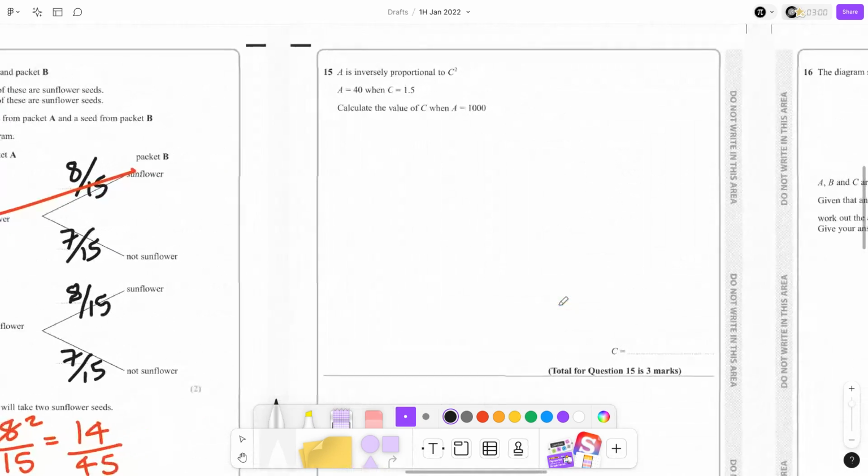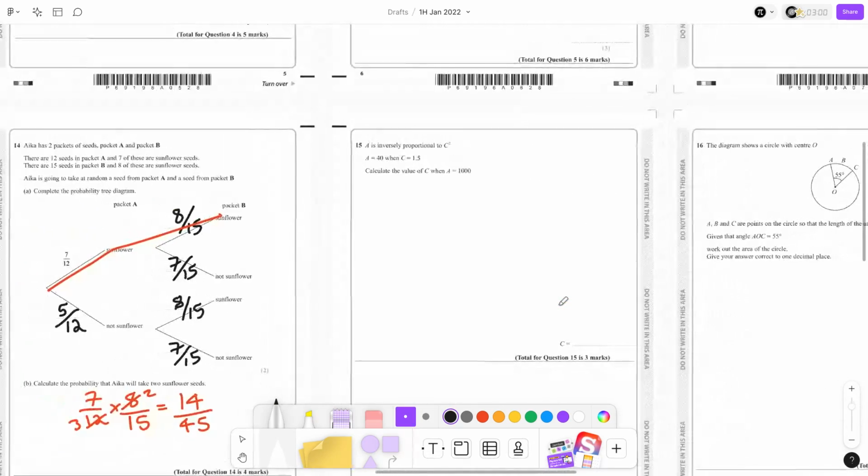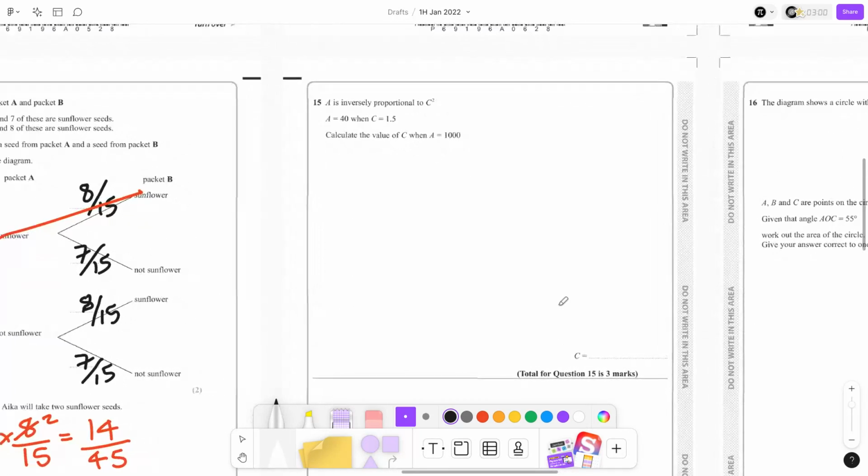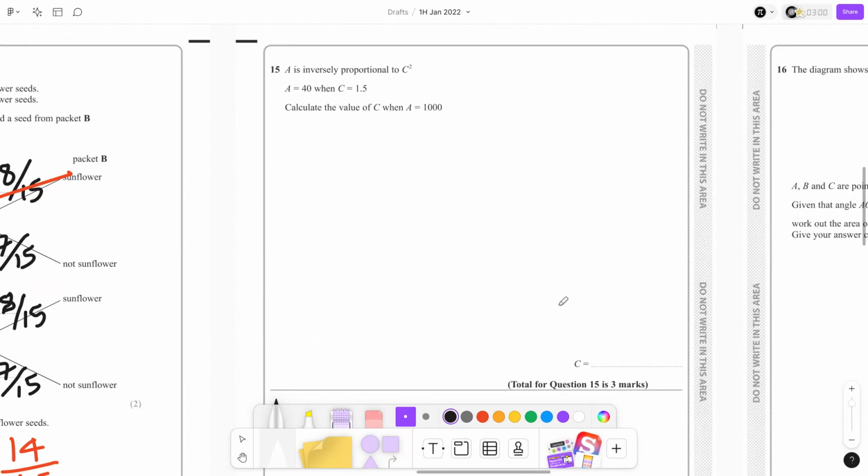Okay. A is inversely proportional to c squared. So that means that A, inversely proportional, is like that reciprocal, 1 over, so it's k over c squared. It's proportional, so it's not equal to, there's a constant of proportionality.